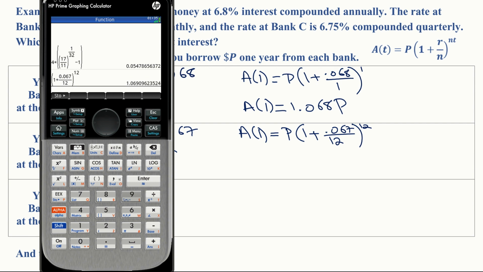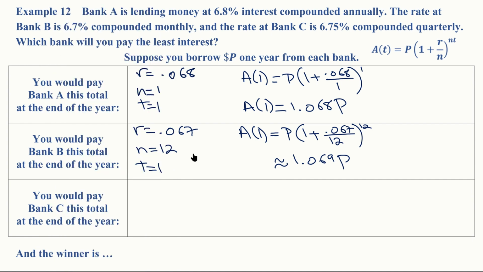So we get approximately 1.069 P. That's the total amount you would be paying at the end of the year to Bank B, right?